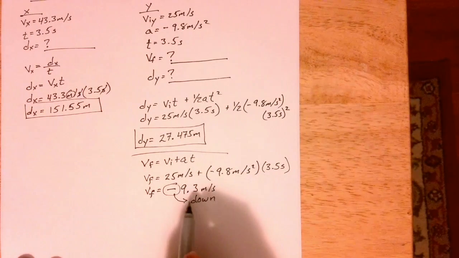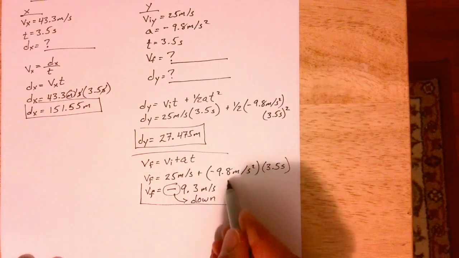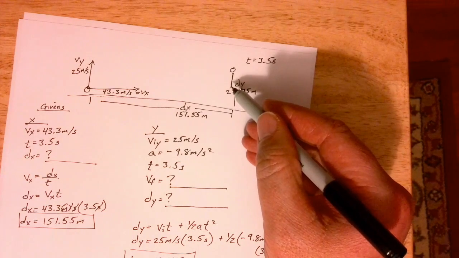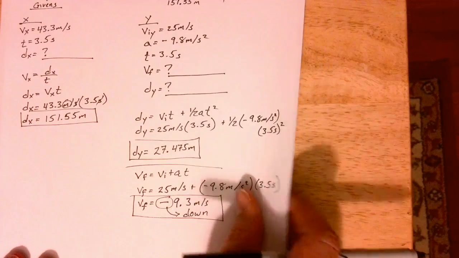So not only does it tell us how fast we're going, but also what direction we have to draw that vector. So that is the other bit of information that we have here. At this point in time, it's going downward at 9.3 meters per second. The negative just simply indicates what direction it is going.